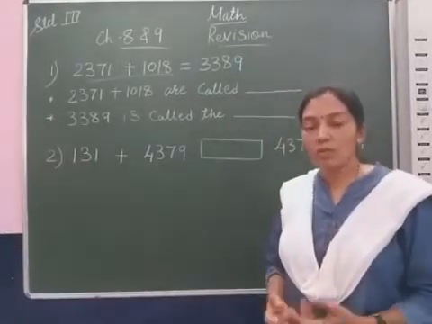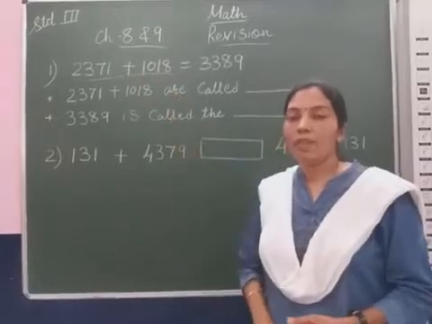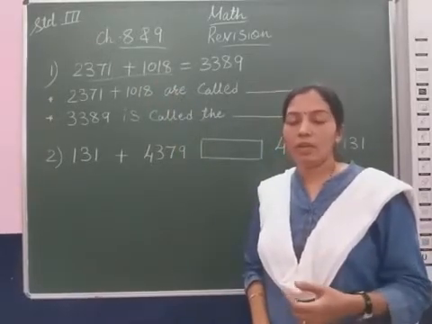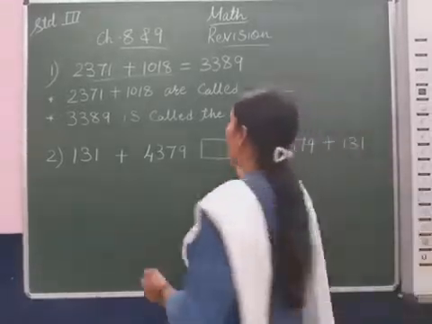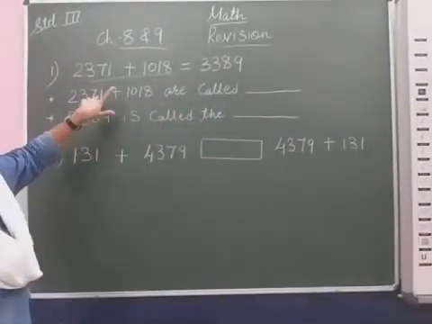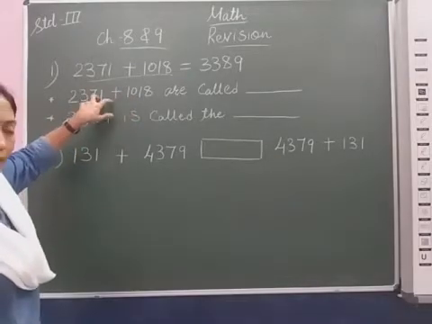So what term do we use for these? To this we add this. We use the word addend. These two numbers that we add are called addends.